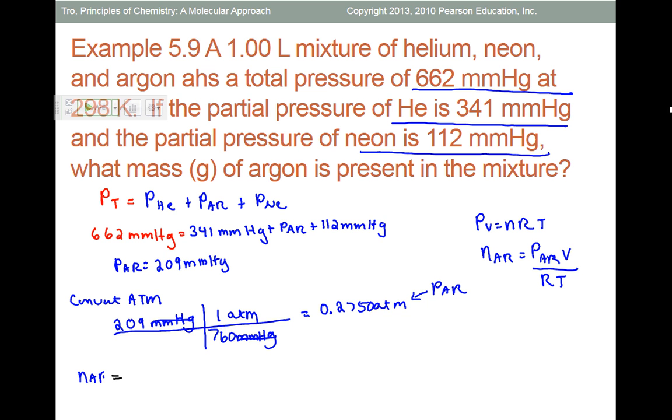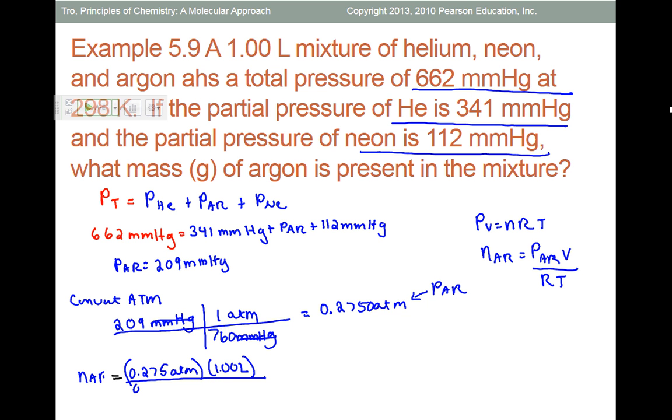So we just figured out our partial pressure, and we converted it to our correct units. We know our volume is 1 liter. Remember, that's the volume for our total volume. That's always our volume. Our volume is 1 liter for all gases.